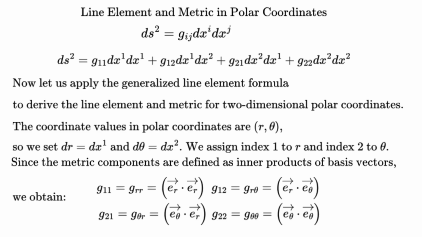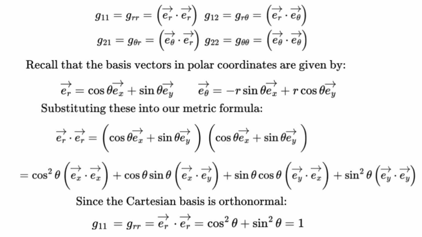Since the metric components are defined as inner products of basis vectors, we obtain the following. Recall that the basis vectors in polar coordinates are given by the following, substituting these into our metric formula.